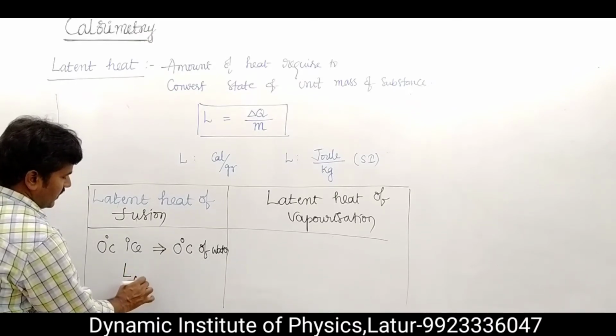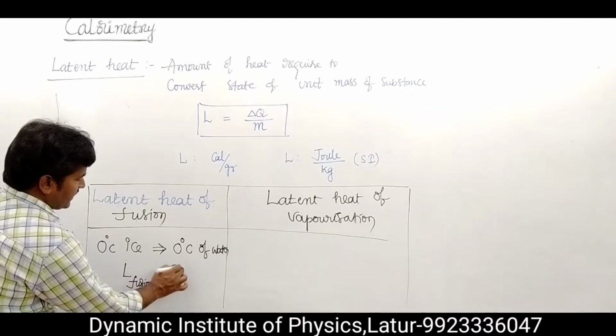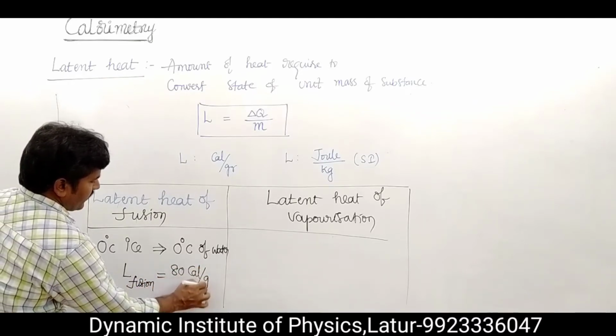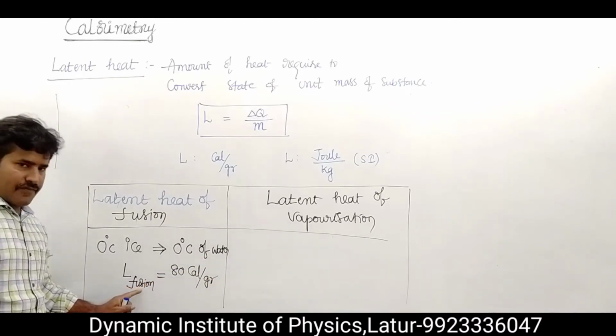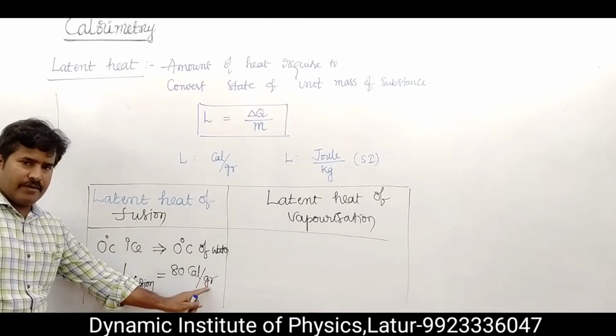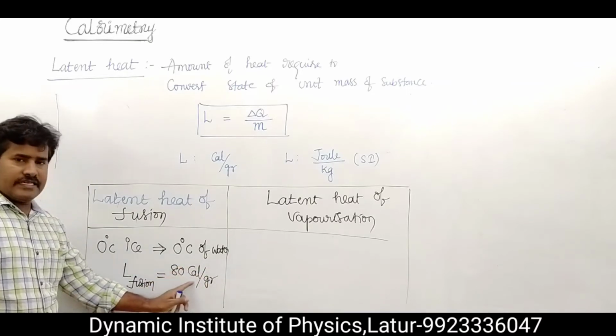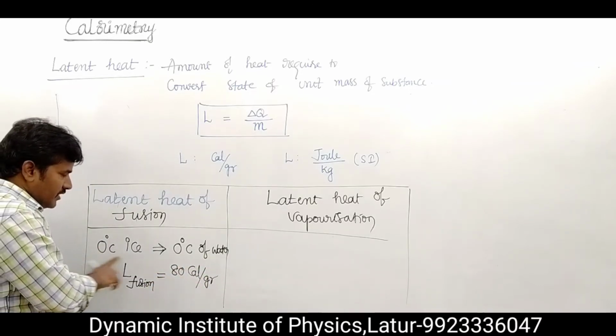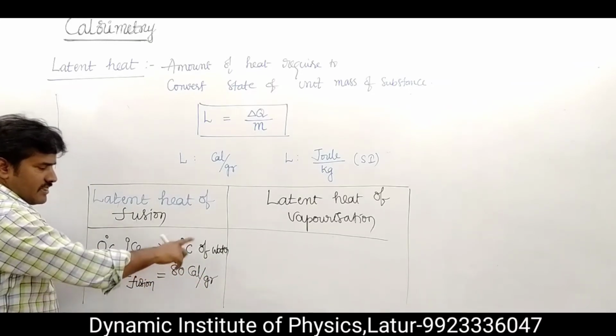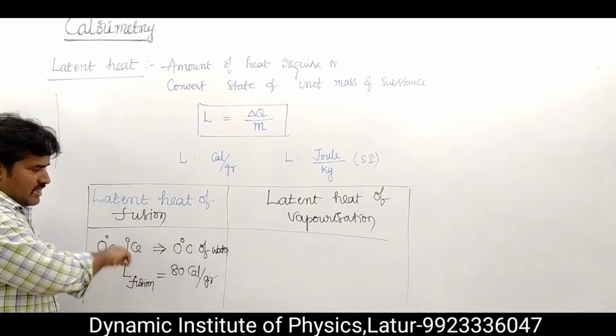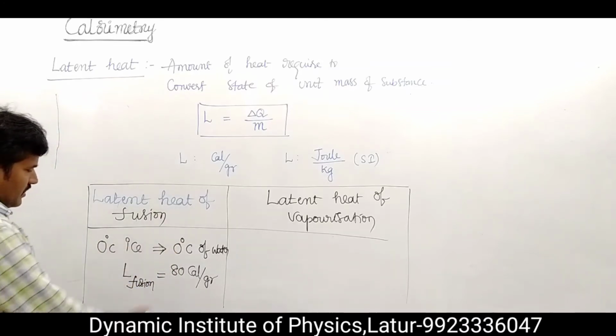Its value is 80 calorie per gram. One gram of ice converted into water needs 80 calorie, but the temperature remains constant. This is a completely isothermal process.